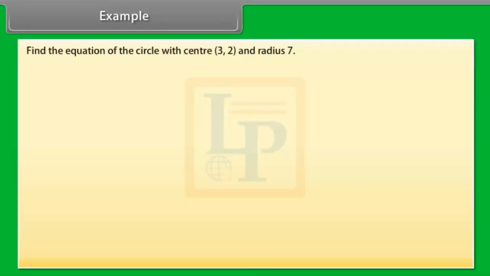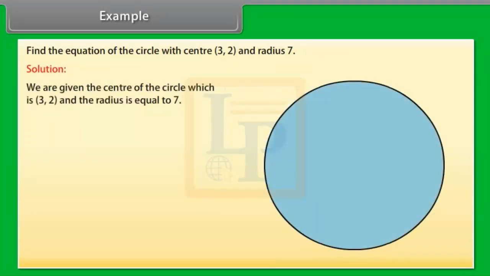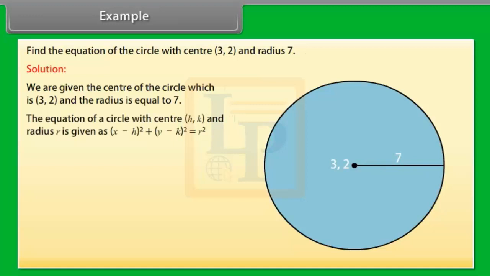Example. Find the equation of the circle with center (3, 2) and radius 7. Solution. We are given the center of the circle which is (3, 2) and the radius is equal to 7. The equation of a circle with center (h, k) and radius r is given as (x - h)^2 + (y - k)^2 = r^2. h and k are equal to 3 and 2, and radius r is equal to 7.